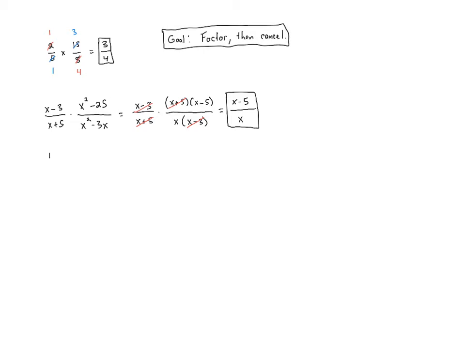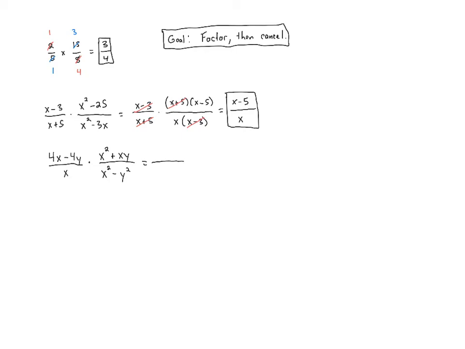Let's multiply 4x minus 4y over x times x squared plus xy over x squared minus y squared. This might seem intimidating at first because we've got more than one variable, but we can still factor and then cancel.